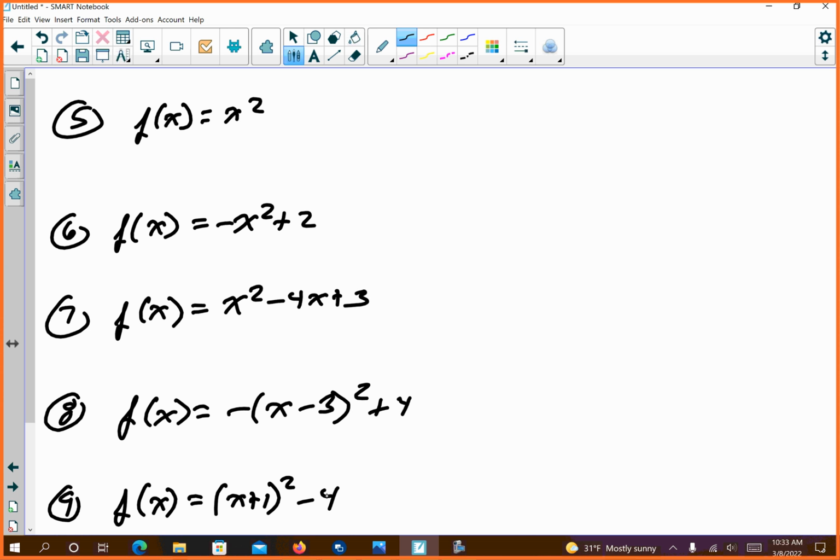It looks like I don't even know number 10. I don't know why. These are just totally misnumbered, but not to worry.